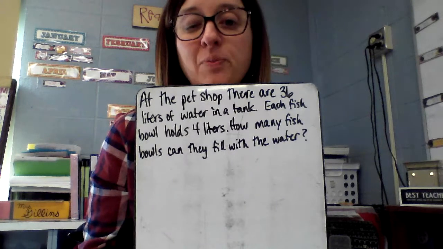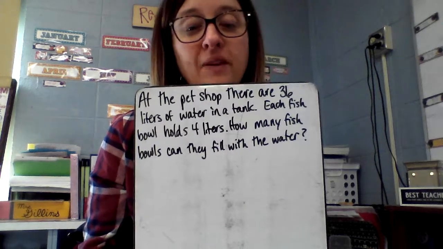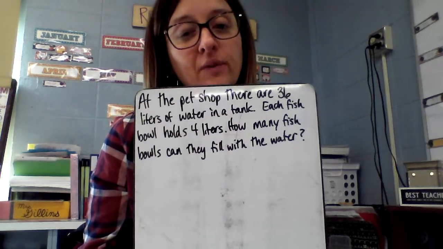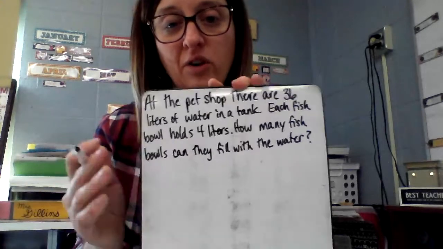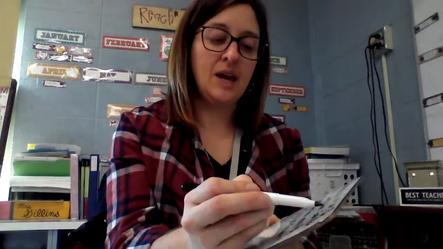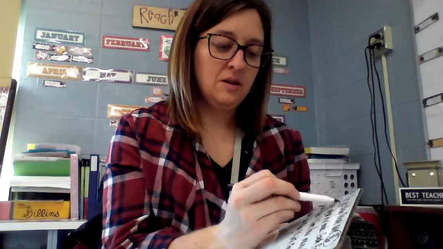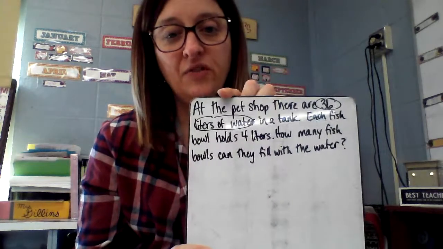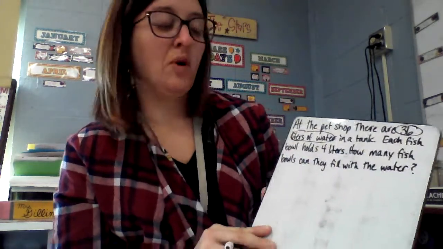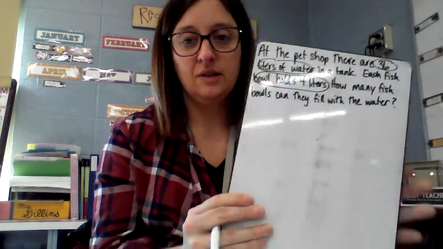Each fishbowl holds 4 liters. How many fishbowls can they fill with the water? So I know there are 36 liters of water in a tank. I know that each fishbowl can hold 4 liters. So I'm going to put that the bowl holds 4 liters.